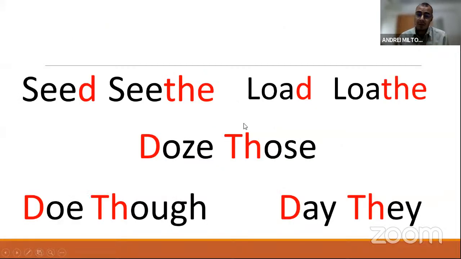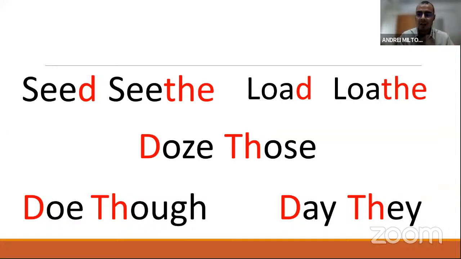Now, this also is difficult for Indian students to learn because this sound is really rare and few languages in the world have this sound. So if you really want to sound more like a native speaker, you can learn this sound, which is the sound between seed and seethe. It's not sid, not the, okay? Not like Hindi.